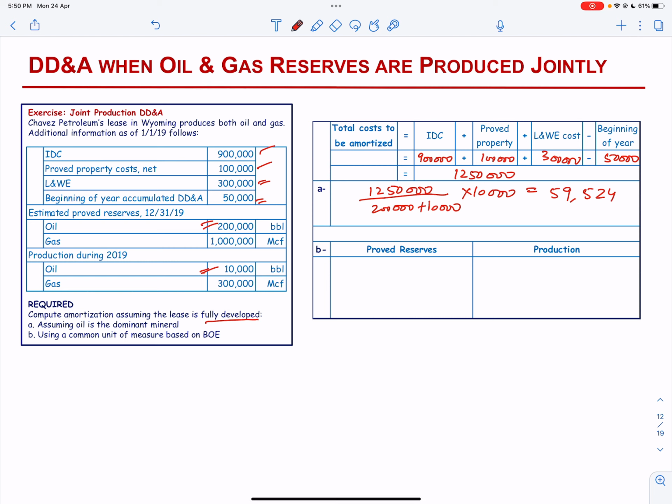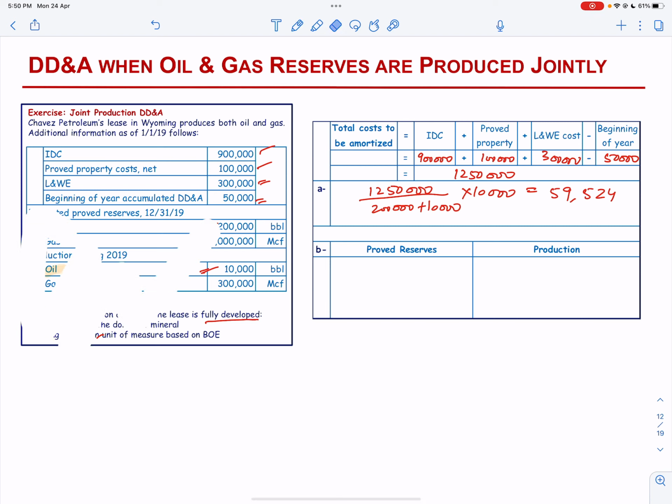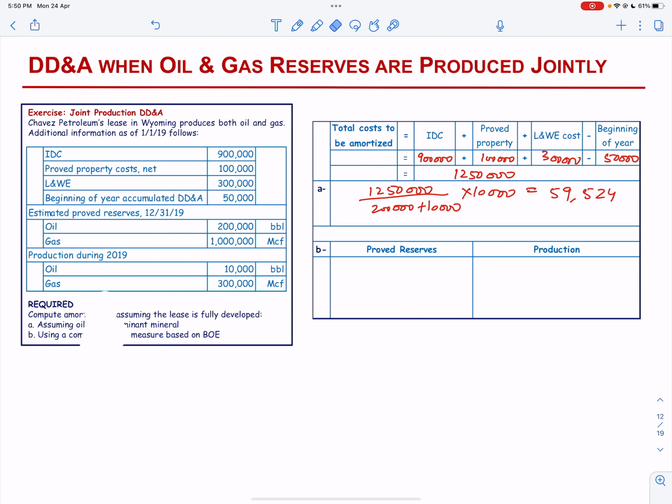Then, so for oil, we have used oil in part A, and we have used all the information for oil in this regard. And next we go for part B, and in part B they say using a common unit of measure based on barrels of oil equivalent. So we are going to use barrels of oil equivalent.